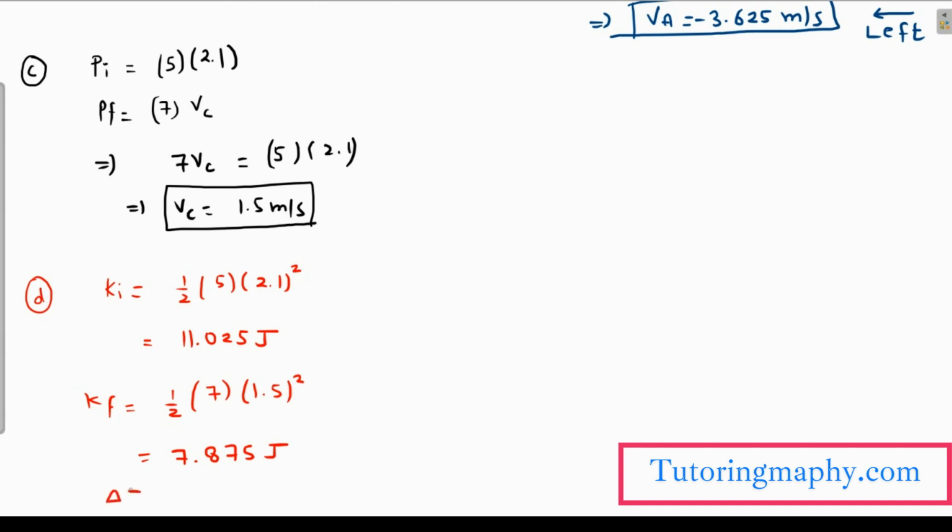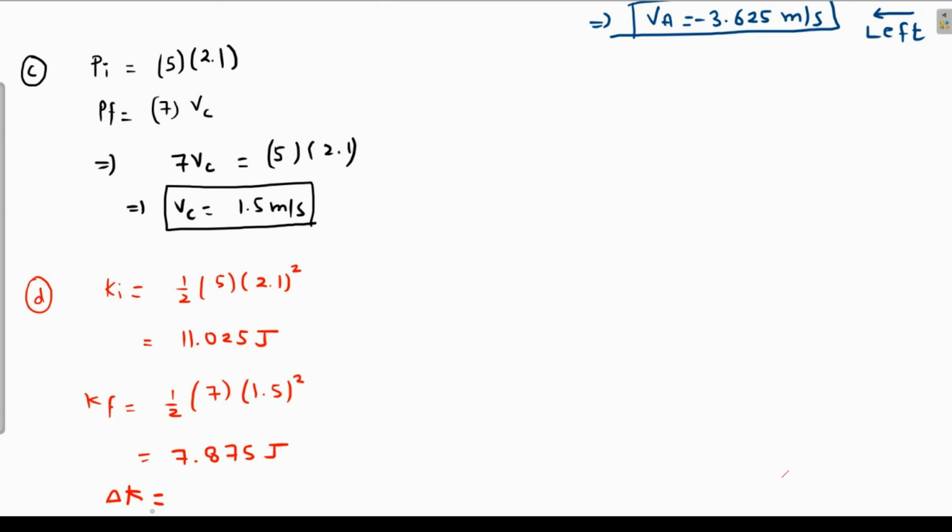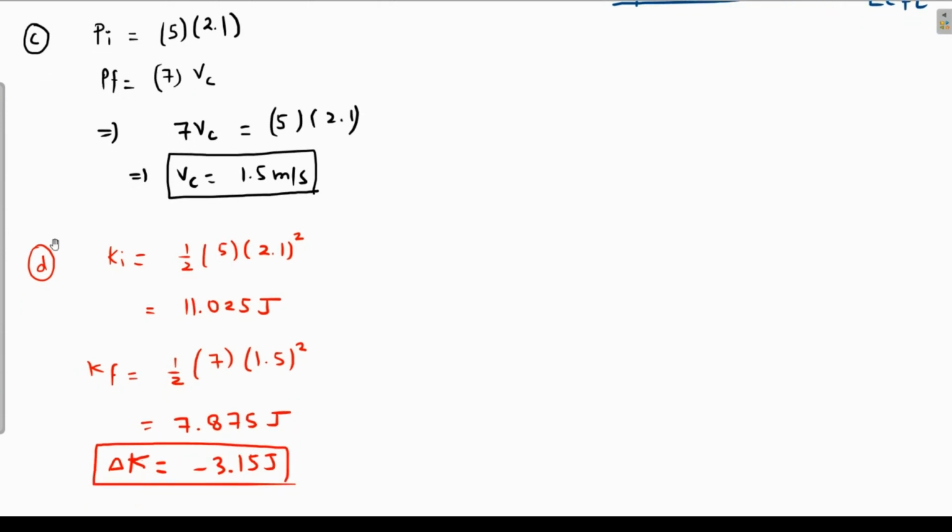So definitely the change in the kinetic energy is final minus initial, which is negative 3.15 joules. This is the change in the kinetic energy. And these are the answers to all four parts.